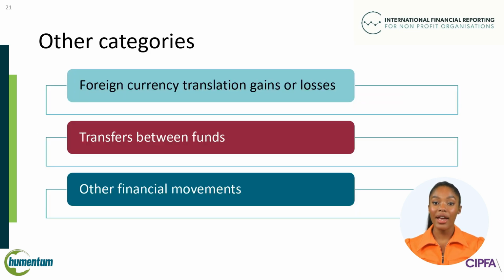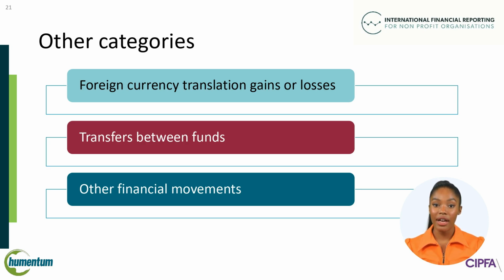In addition to income and expenses, there are 3 other categories of transactions that are included in the prescribed format. These include foreign currency translation gains or losses, for elements of gains or losses that arise in relation to the specified activities. Transfers between funds, for any transfers into or out of the fund related to a specified activity.